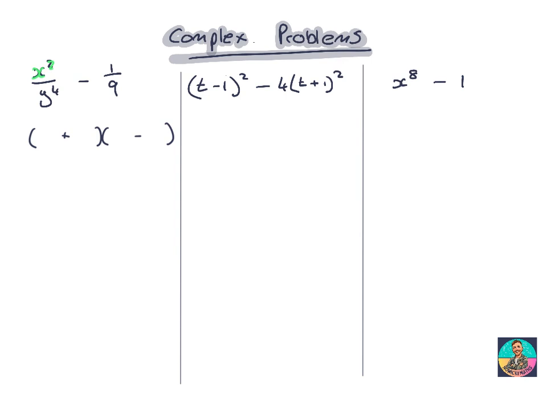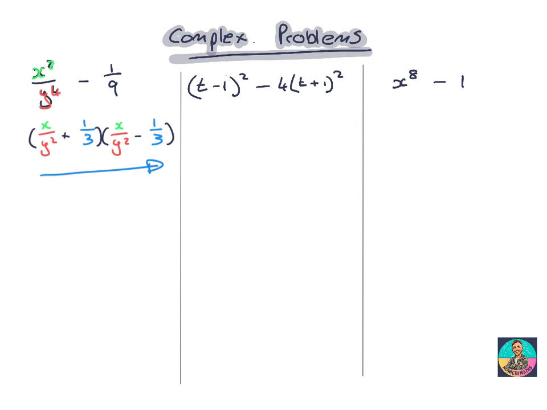So the x squared will be x and x. The y to the power 4 will be y squared over y squared. And our numbers will be 1 and 1. And what makes 9 will be 3 and 3. And there you have your factorized version just with a fraction.